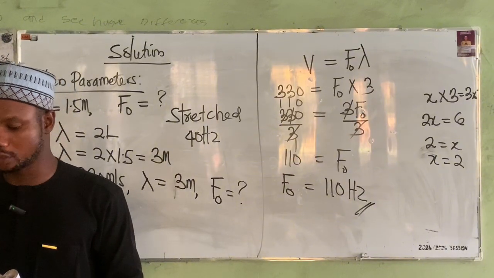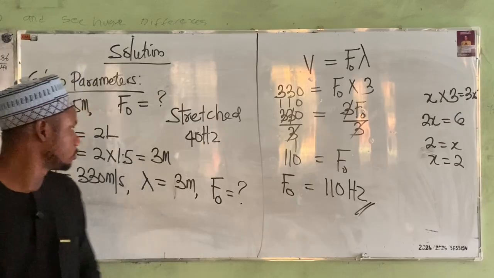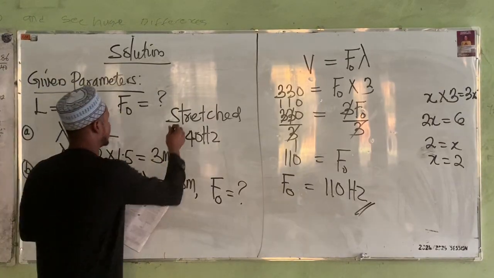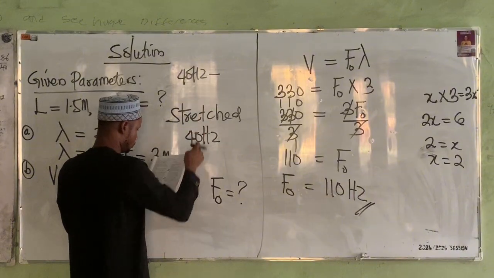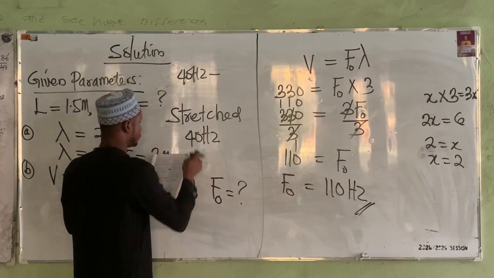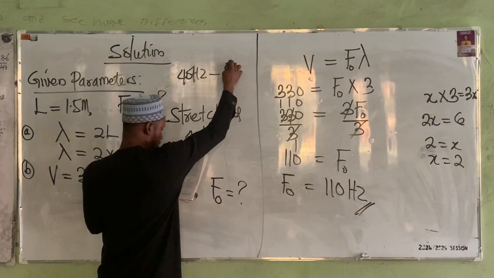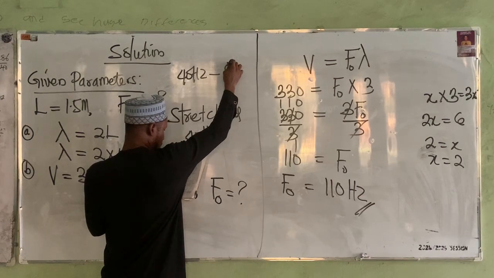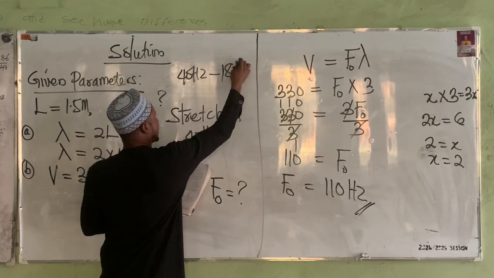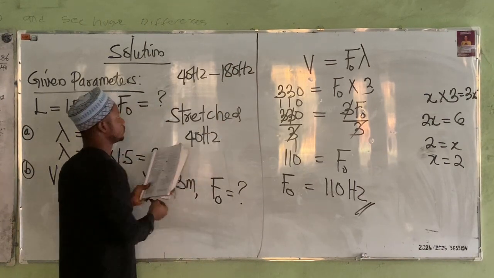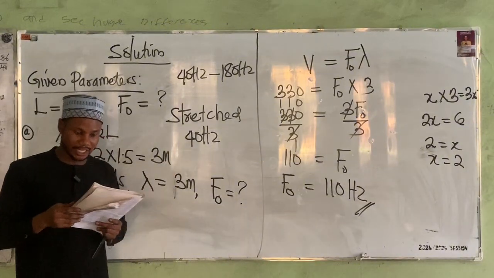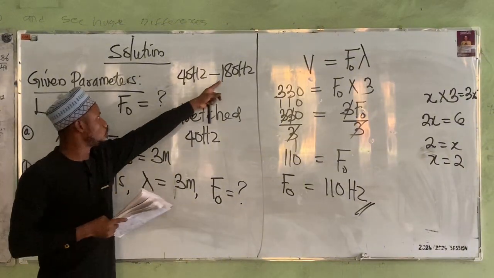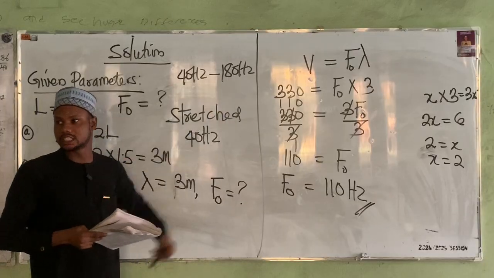How many overtones are there between 40 Hz to 180 Hz?